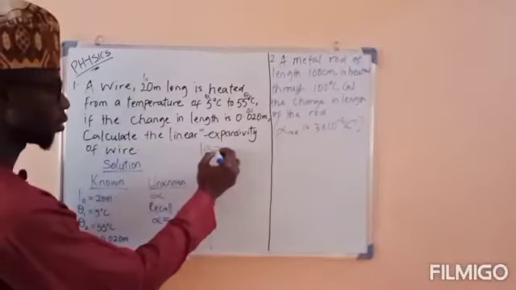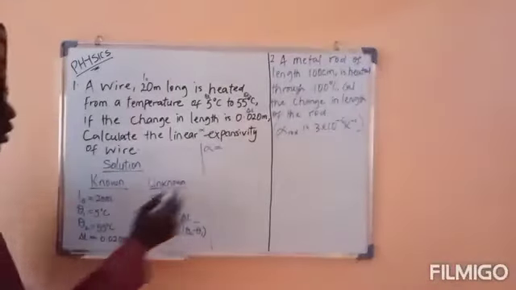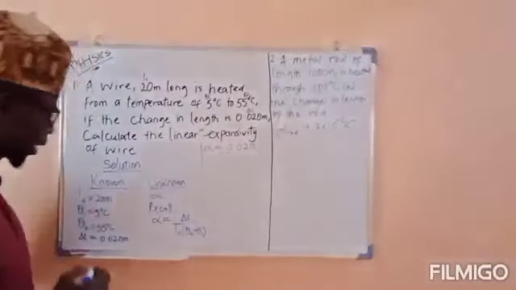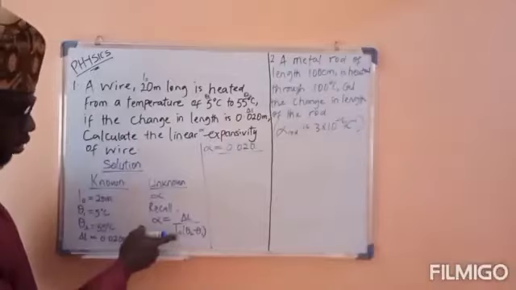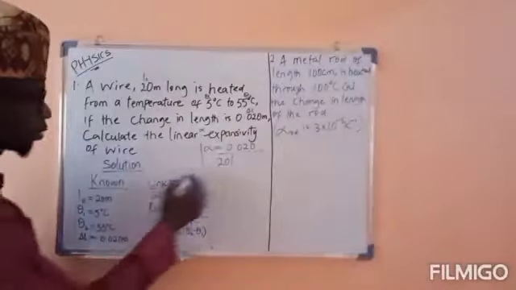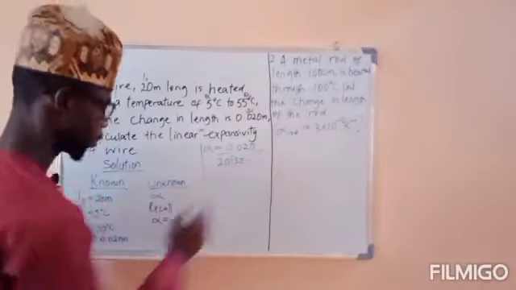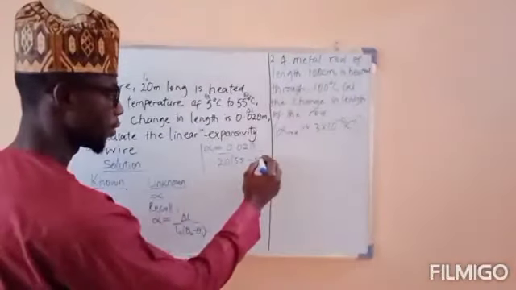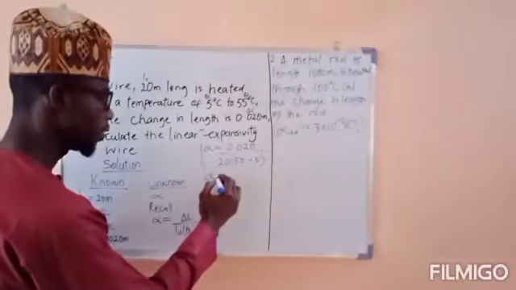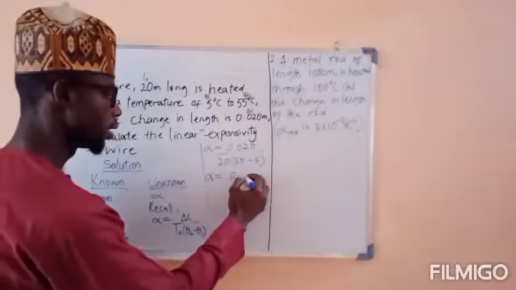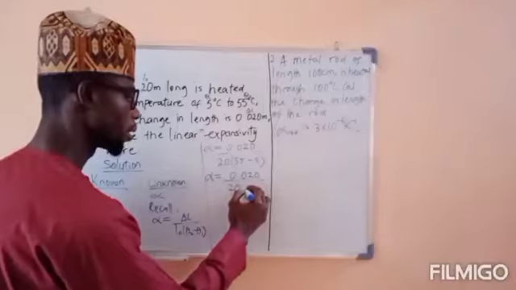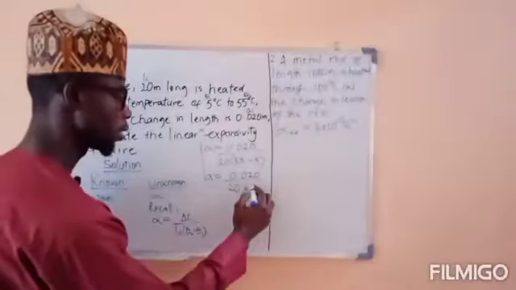Yes, alpha equal to change in length is given to be 0.020 all over L0, which is 20, into θ2 which is 55, minus θ1, which is 5. Are we clear? Now, this is alpha equal to 0.020 all over 20 multiplied by difference of 55 and 5 to give us 50.